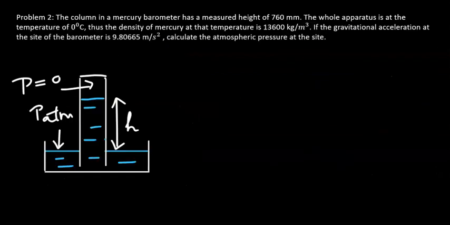Problem 2. The column in a mercury barometer, this is a barometer setup, has a measured height of 760 millimeters. So this h here is 760 millimeters. The whole apparatus is at the temperature of 0 degree Celsius. Thus, the density of mercury at that temperature is 13,600 kg per cubic meter.